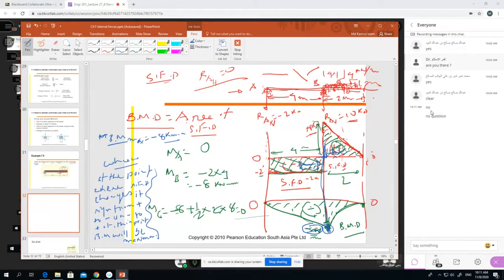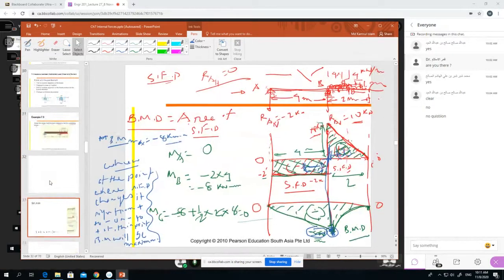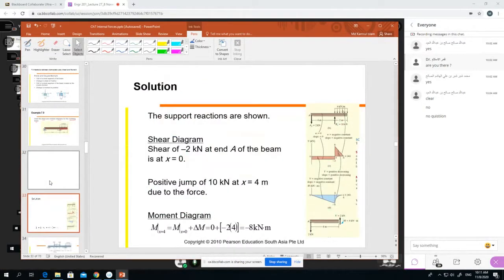Now you see, the way in the books or the slides may be done a little bit differently. Maybe I leave it for you to understand, but the end result will be the same. What we were writing, 2 into 4 is the moment, everything is the same.